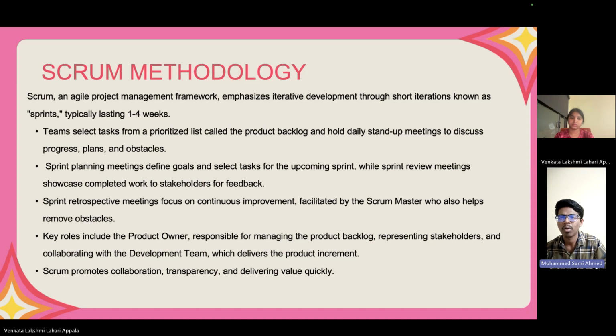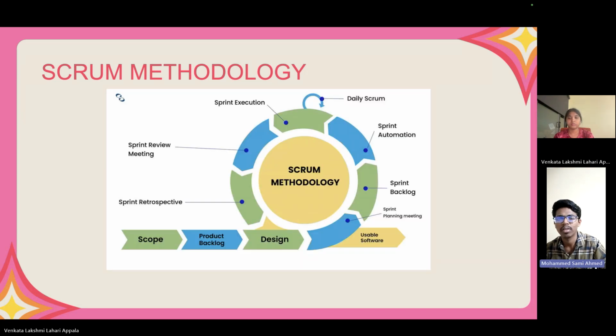Key roles include the product owner, responsible for managing the product backlog and representing stakeholders, and the development team, which collaborates to deliver the product increment. Scrum promotes collaboration, transparency, and delivering value quickly. All of these points we have gone through and implemented in our project.